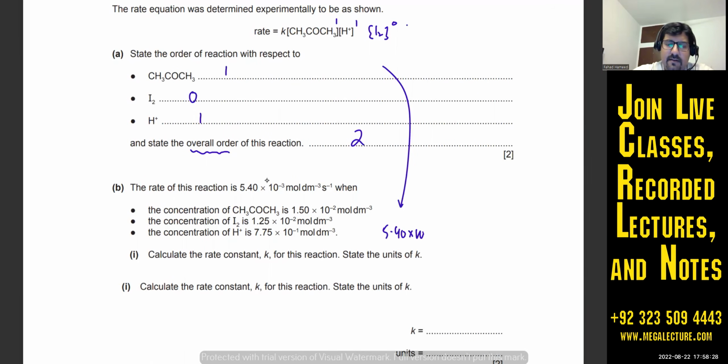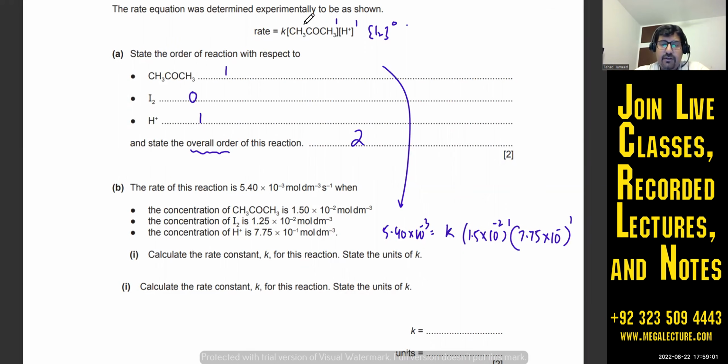That's the rate, which is equal to K times the propanone concentration, that's 1.5 times 10 power minus 2, and that's power 1, and the H plus concentration, that's 7.75 times 10 power minus 1. This is power 1 and this is also power 1. That's it. You can find the value of K.